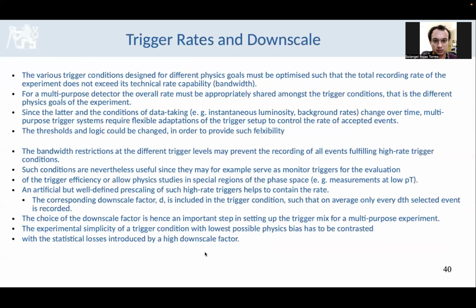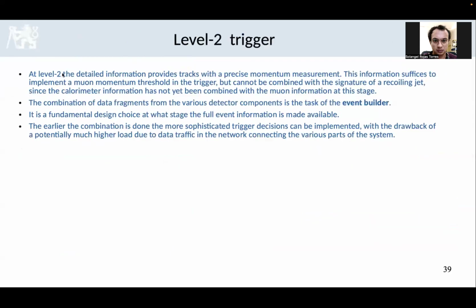So in the level 2 trigger, typically you provide tracks or precise momentum measurements. So you can provide specific physics signatures from detectors to do the selection, and it can be slower.